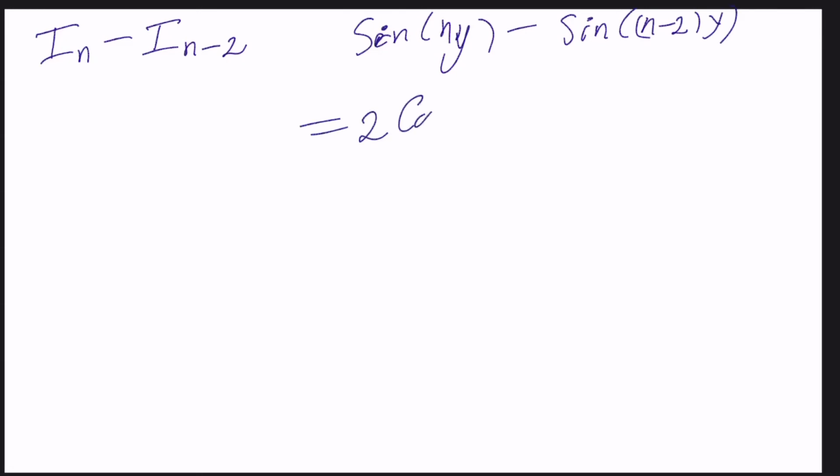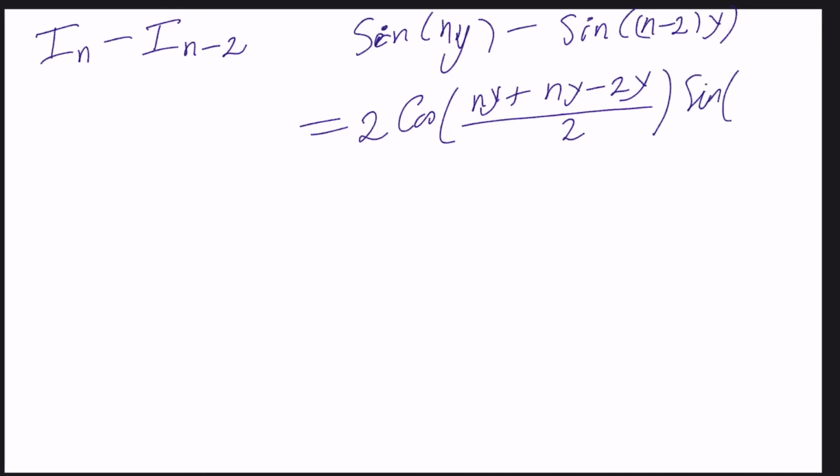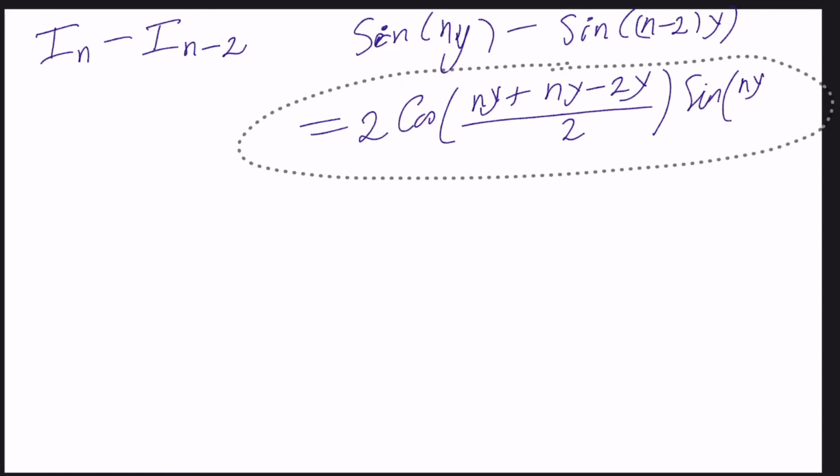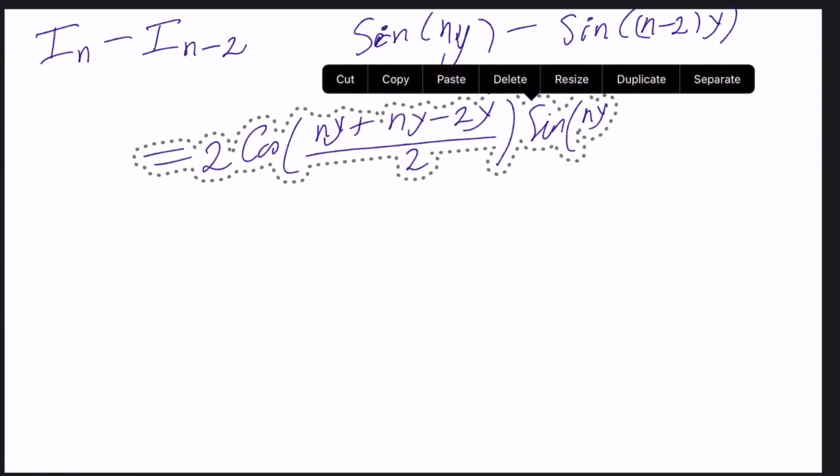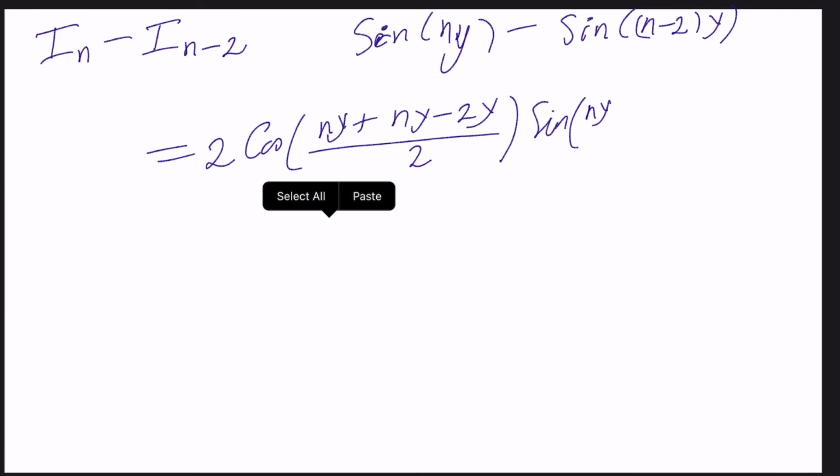This is 2 times cosine of (ny plus ny minus 2y) divided by 2, multiplied by sine of (ny minus ny plus 2y) divided by 2.